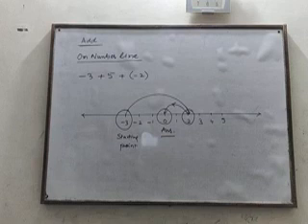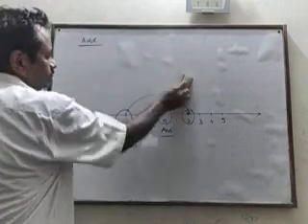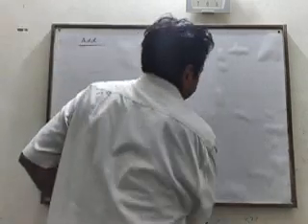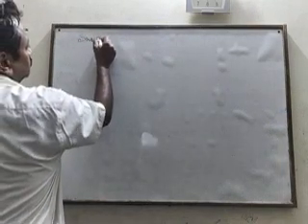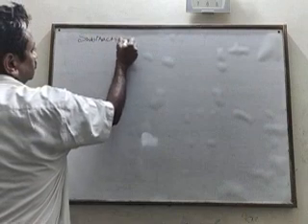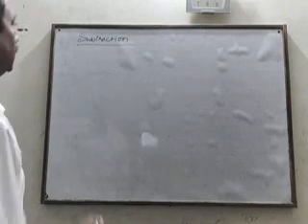Now the next is subtraction. Again there are 2 ways. First is by calculation or manual, and second way is on the number line.